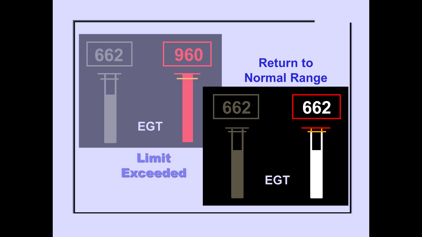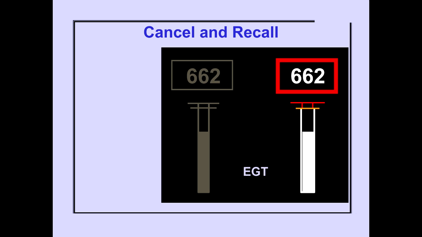The maximum level and time duration of the exceedance is recorded on the Engine Exceedance EICAS Maintenance page. Pushing the Cancel switch on the EICAS Display Select panel changes the box color to white. Pushing the Recall switch displays the red box.